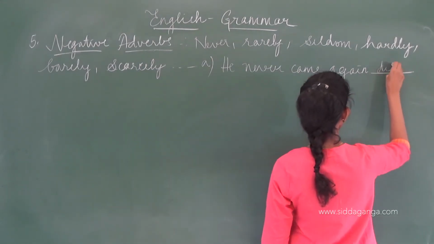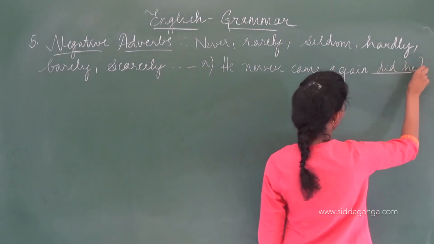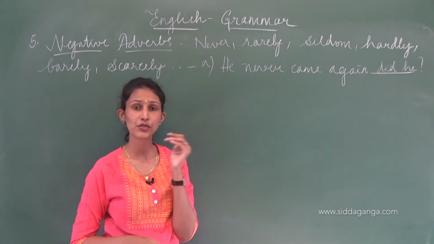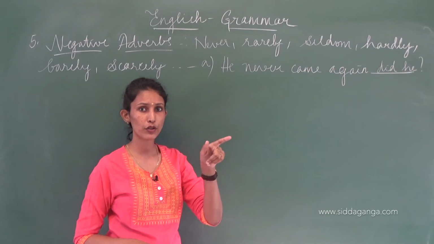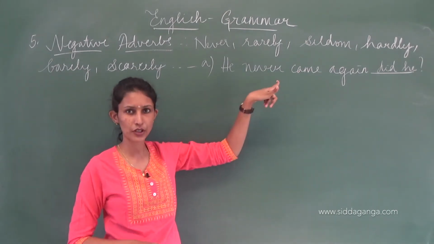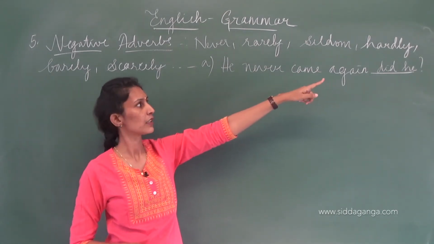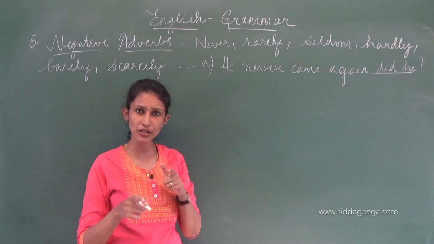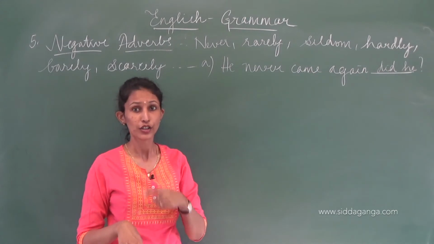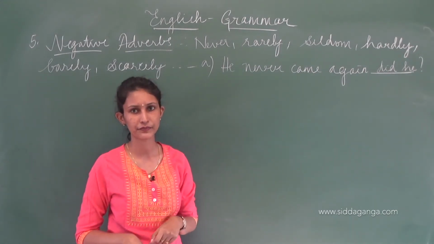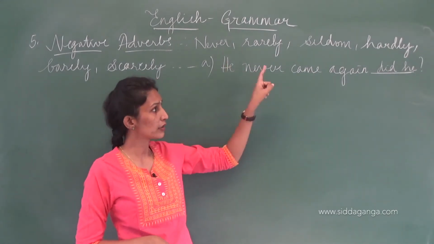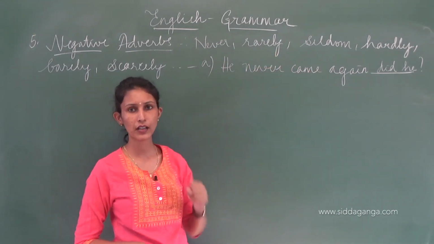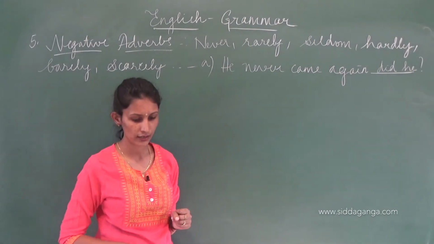So see, while you frame questions, even before you write it for your exams or anywhere, think before you write. Seek your answer for the question and then write. Did he come again? He never came again. Are you getting an answer for the question? You must get an answer for the question there. So see the statement first, ask the question to yourself, see if it's right, and then proceed to write.